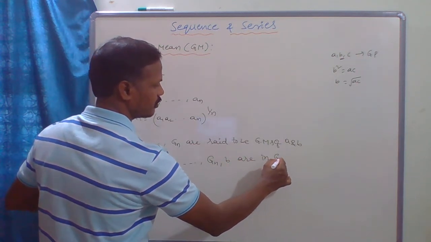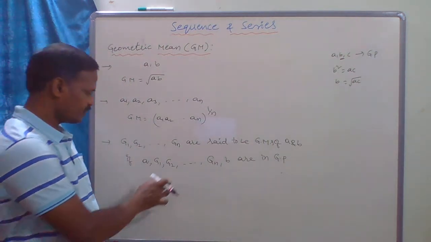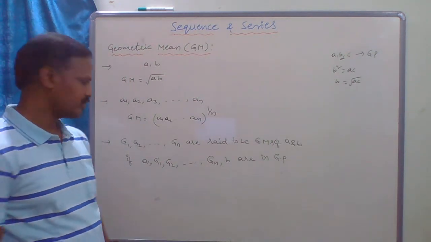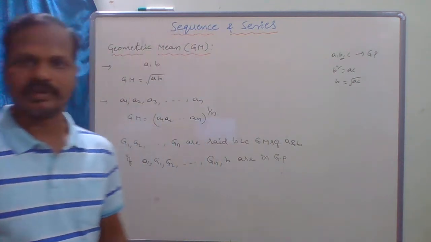Okay? So if these all are in GP, then these G1, G2, Gn are said to be geometric means of A and B. Okay?